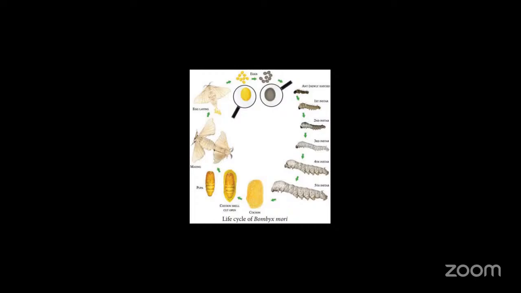The sericulture industry has witnessed a quantum jump in raw silk productivity. The average yield of 25 kgs of cocoon per 100 DFLs, disease-free layings, DFLs meaning disease-free layings, has in the recent past increased, and currently the average yields are in the range of 60 to 65 kgs per 100 DFLs.